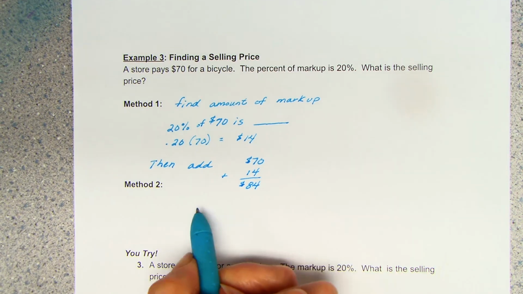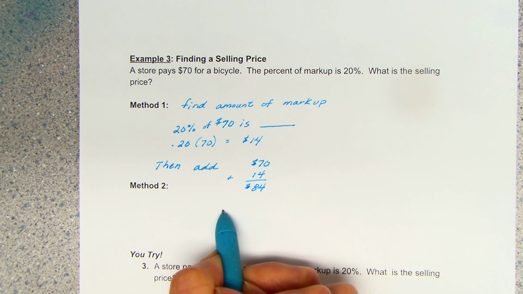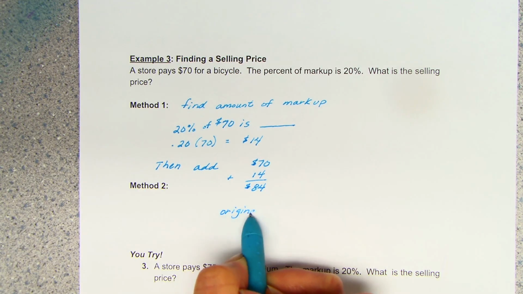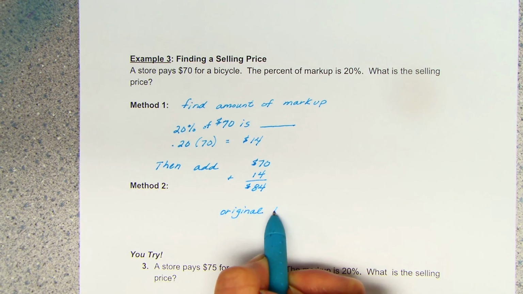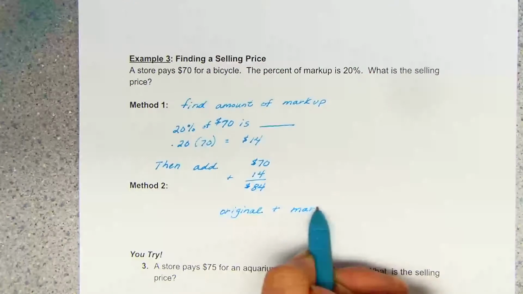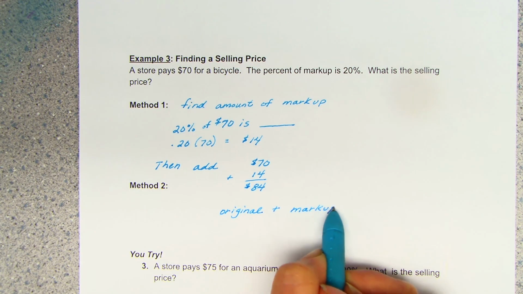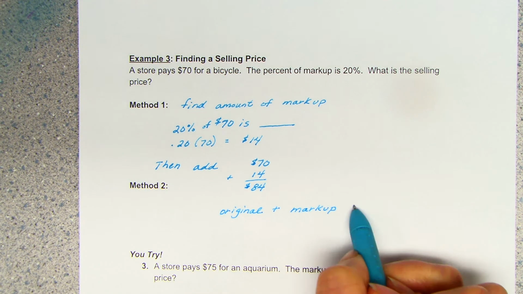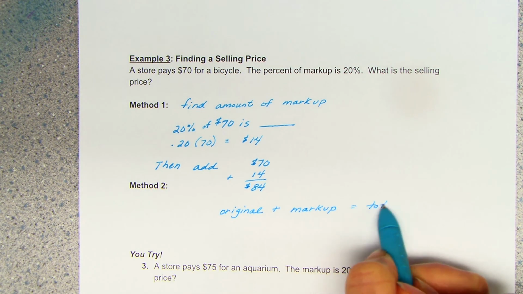Okay? Method 2 is like the other method 2. We're going to take the original price and we're going to add on the markup to equal the total. We're going to do it all in one step.